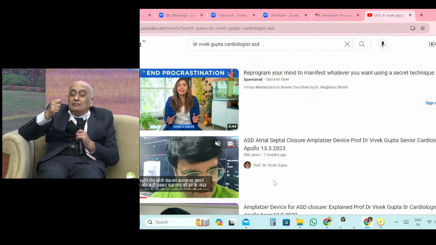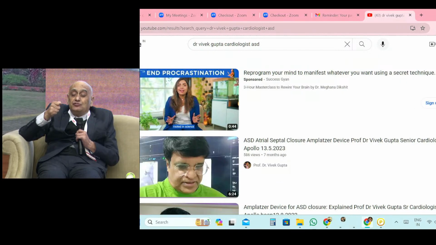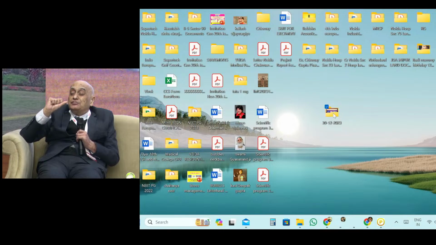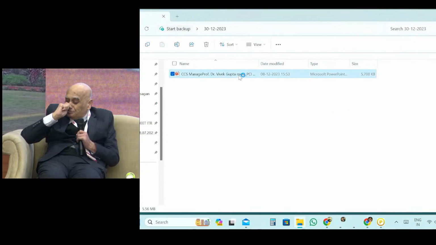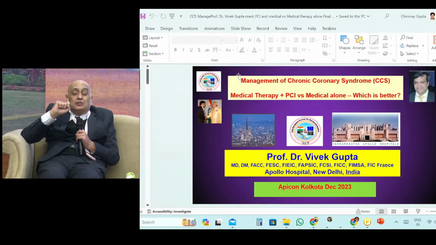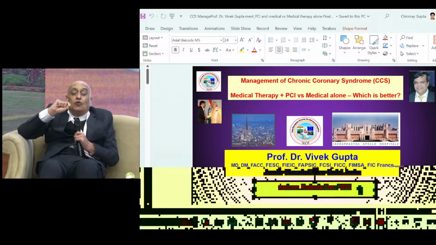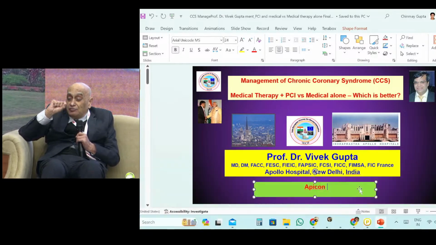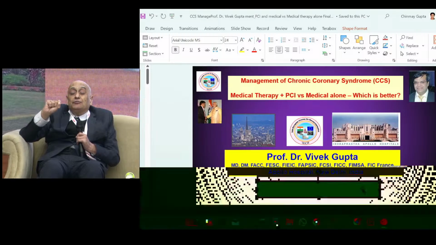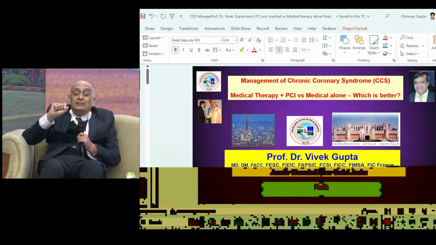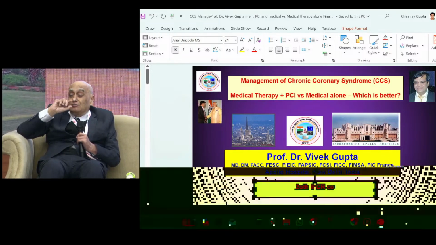We use that practically in the apical five-chamber view. We look at the SVC and we look at the SVC rim. Then we have the IVC rim, which we look at in the subcostal view. That part of the atrial septum which is formed by the IVC, if it is deficient, then again the device closure cannot be done.